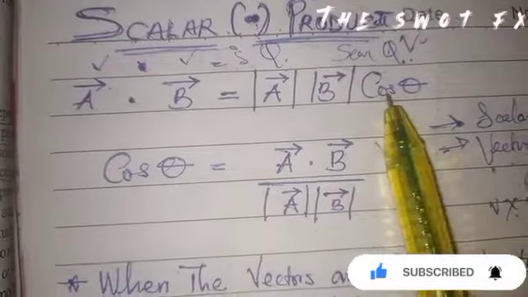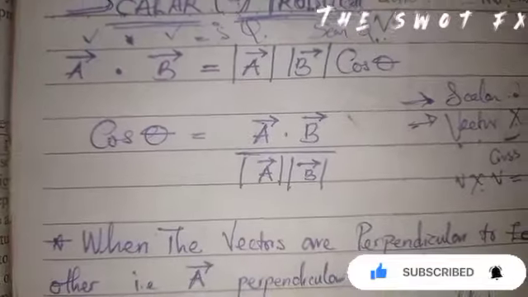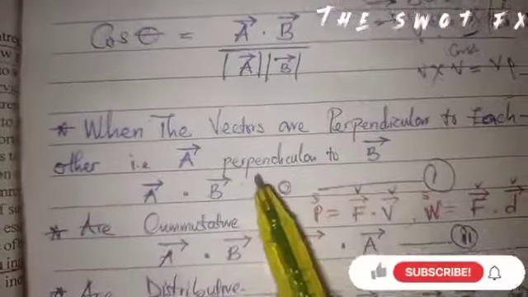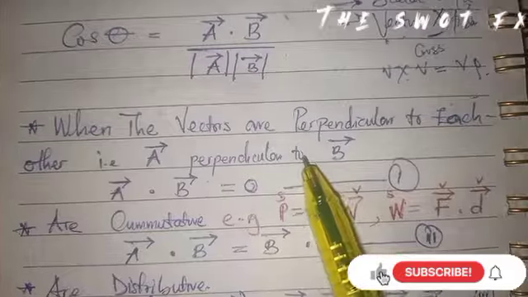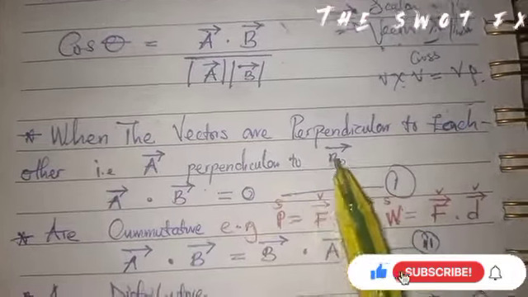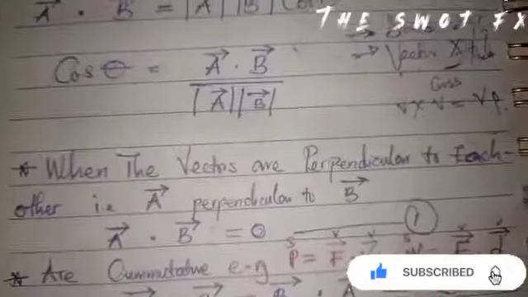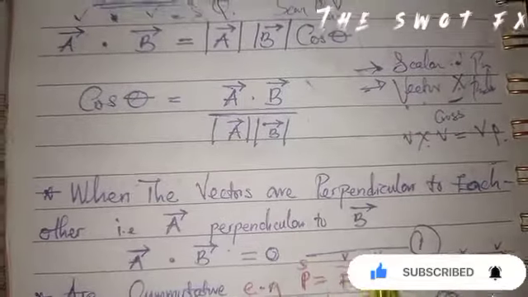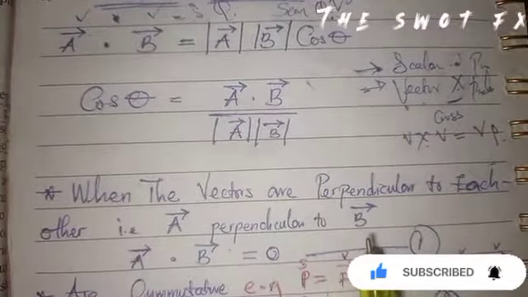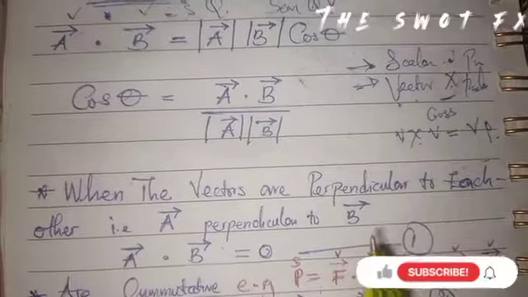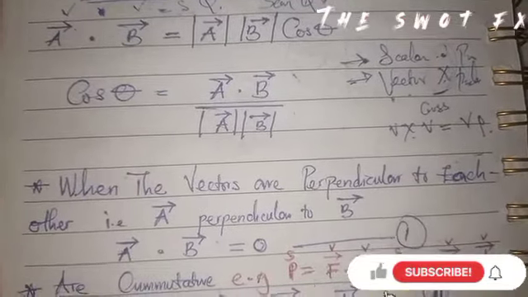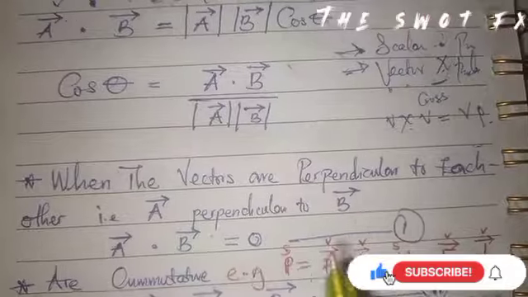And now you need to understand the fact about scalar dot product as a vector. It exists when vectors are perpendicular to each other. That's one thing I want us to understand. It exists when vectors are perpendicular to each other.